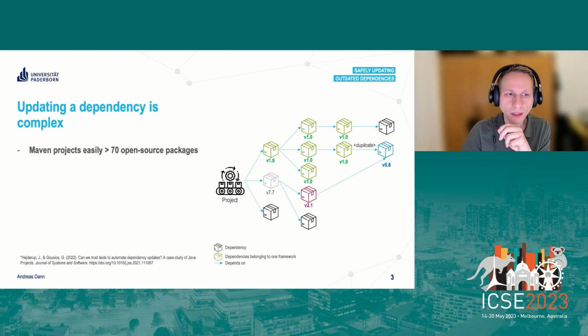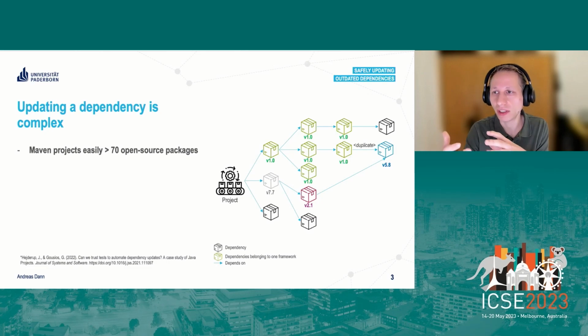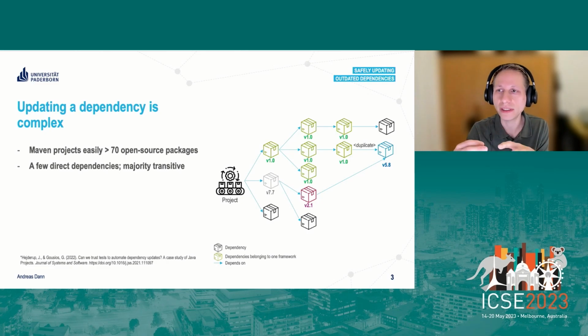Because a Maven project easily contains more than 70 different dependencies. And most of the dependencies are transitive. So developers only declare a few dependencies explicitly.